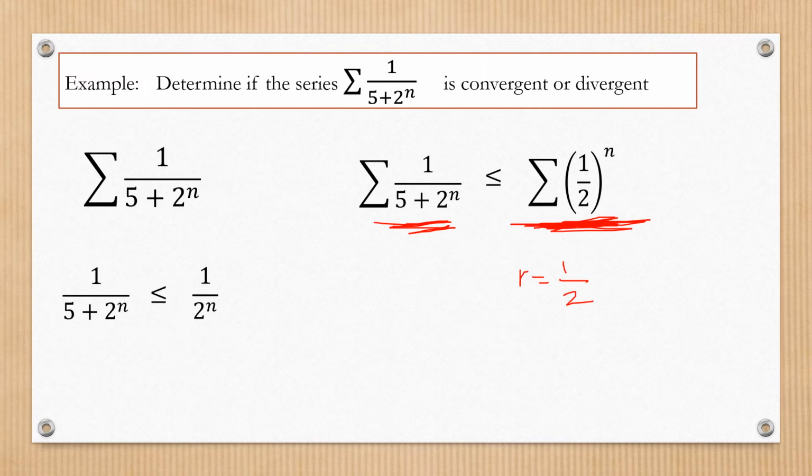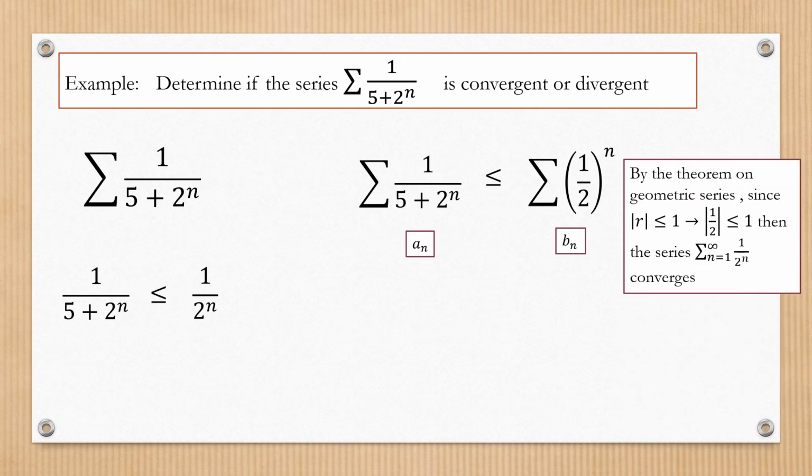Okay, and then there is a theorem that if r is less than 1, then the geometric series is convergent. Okay, convergent. Therefore, this series is convergent.